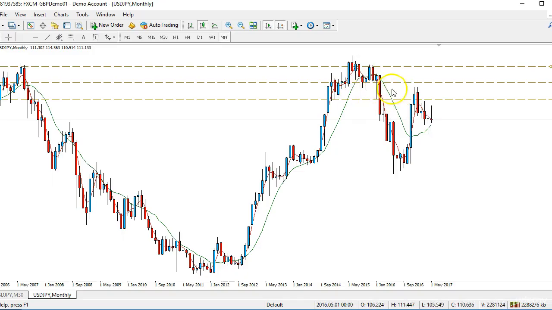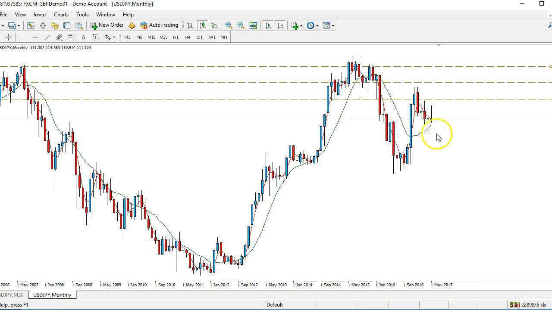So this has actually created a little zone. Price pulled back up to this zone at the end of 2016 and reversed from the zone and is now making its way down.